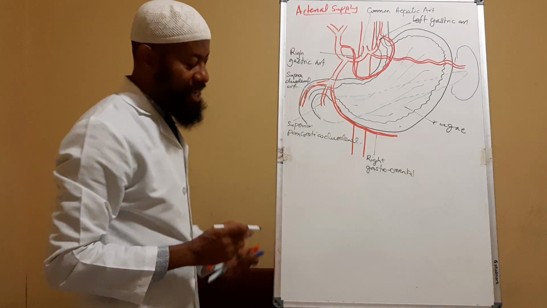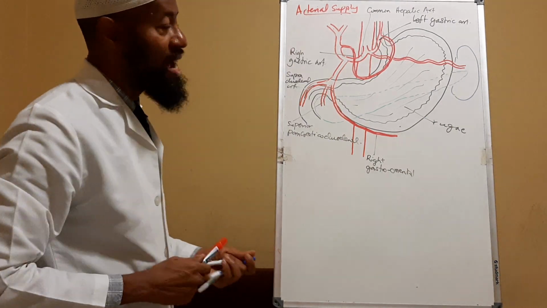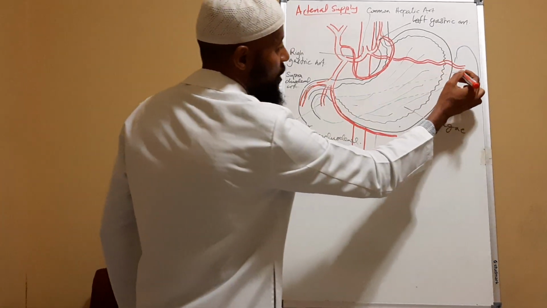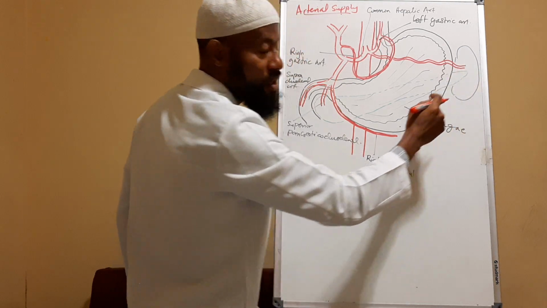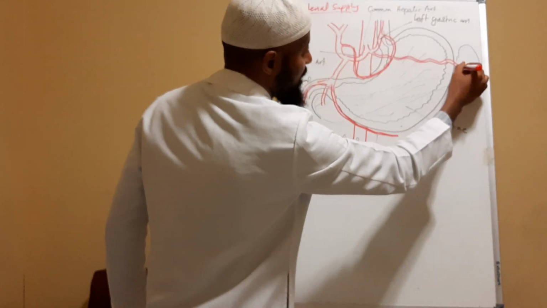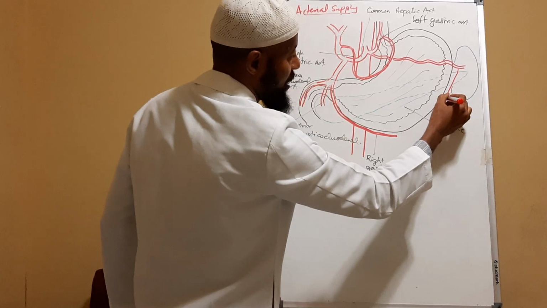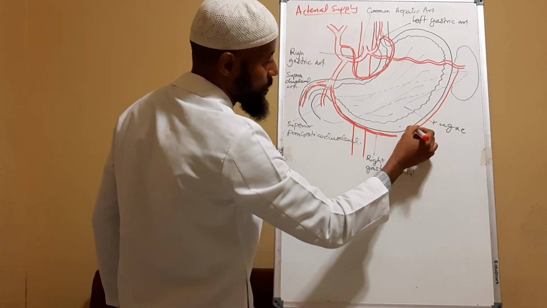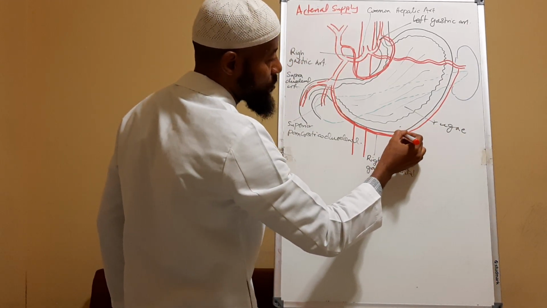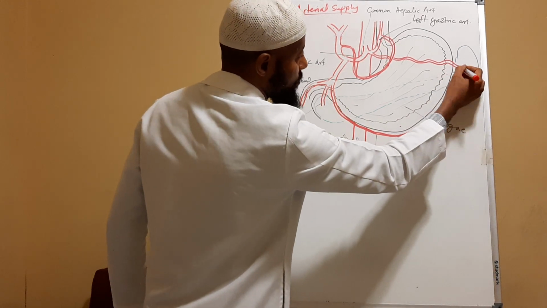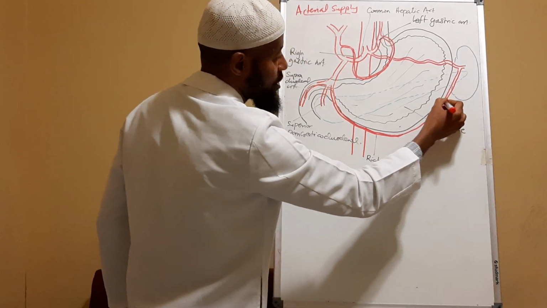Now the right gastro-omental artery will anastomose with a branch of the splenic artery, which is the left gastro-omental artery. So there's an anastomosis there.